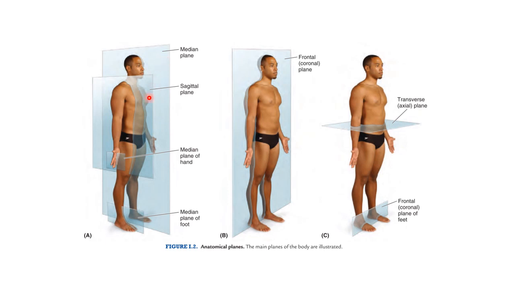Divide into left and right halves, but not the middle, that's the sagittal plane. Divide the body into front and back, okay, that's the frontal or coronal plane. And divides the body into superior and inferior portions, sa taas at saka sa baba, that's your axial or transverse plane.